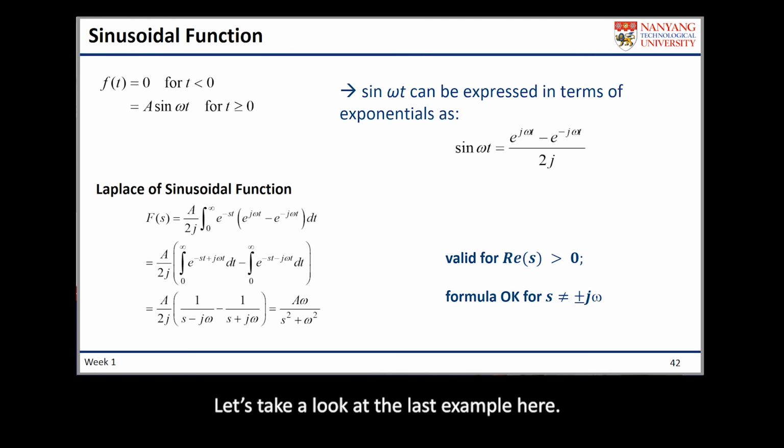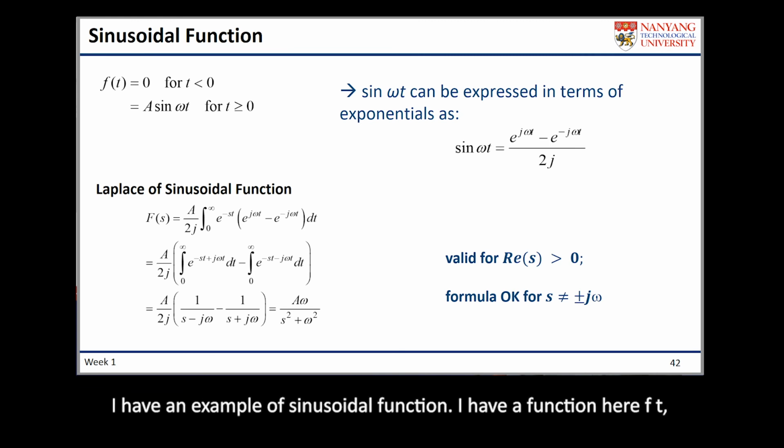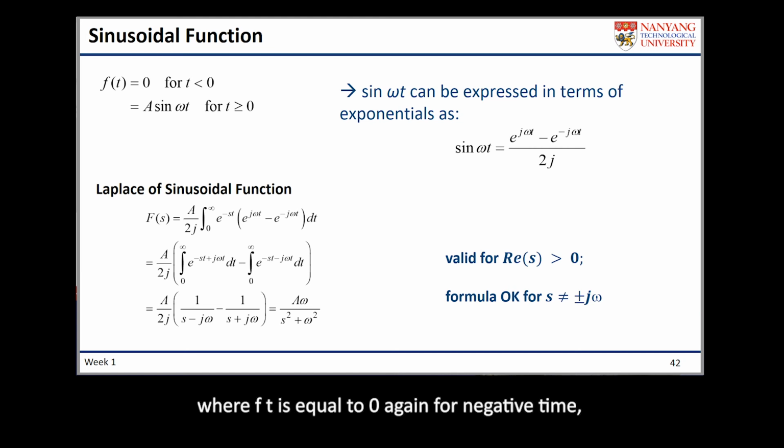Let's take a look at the last example. Here I have an example of a sinusoidal function. I have a function f(t), where f(t) is equal to 0 again for negative time, and then f(t) is equal to A sine omega t for t equal to 0 and greater than 0.